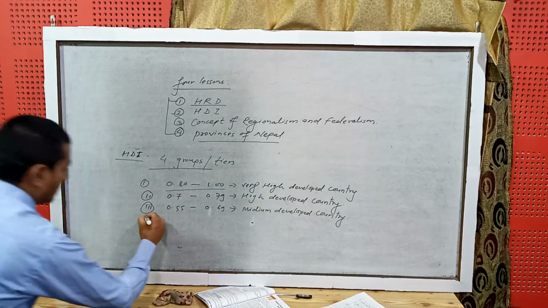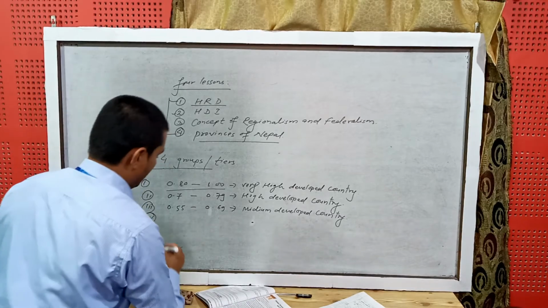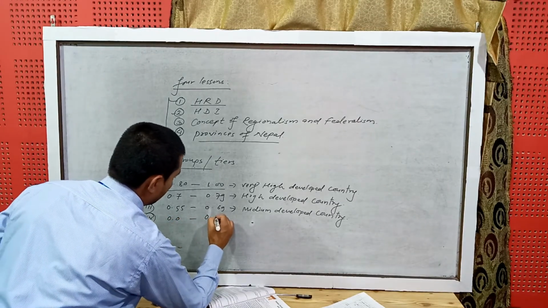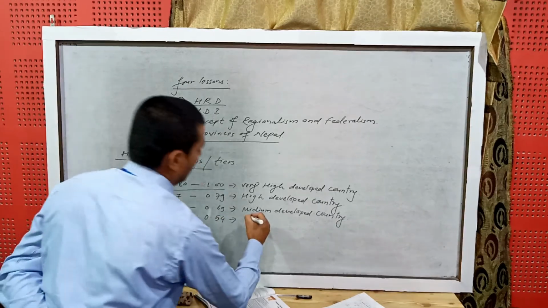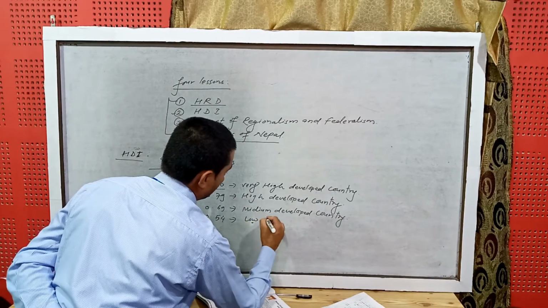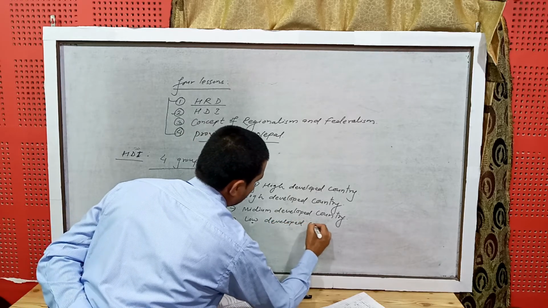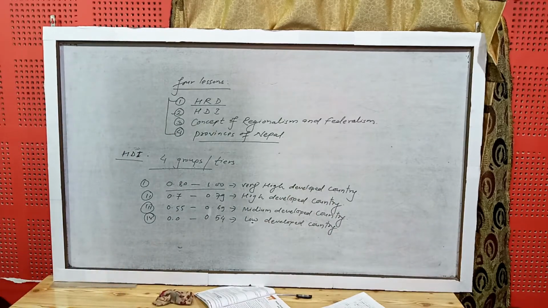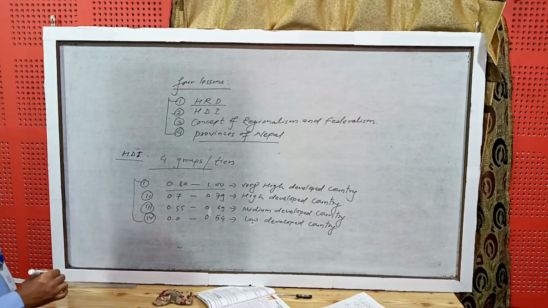And finally, countries having an HDI value of 0 to 0.54 are called low developed countries. These are the four types of HDI value.